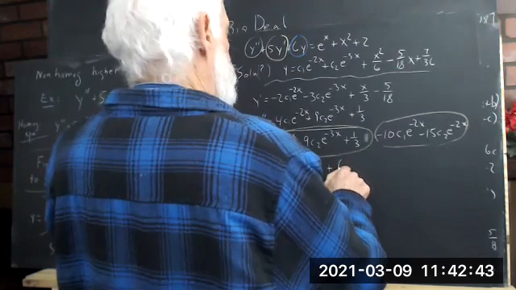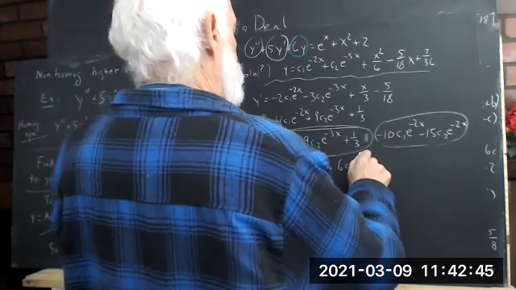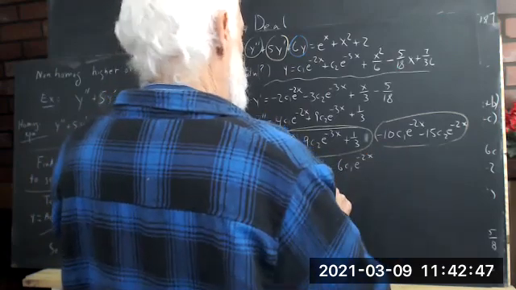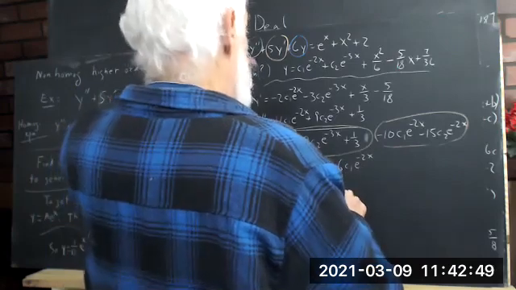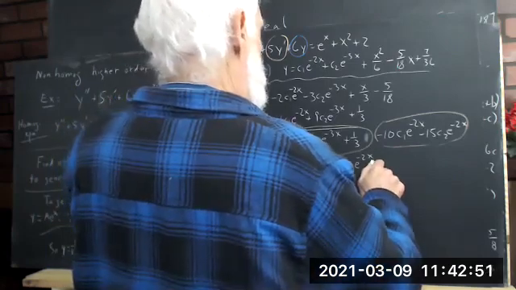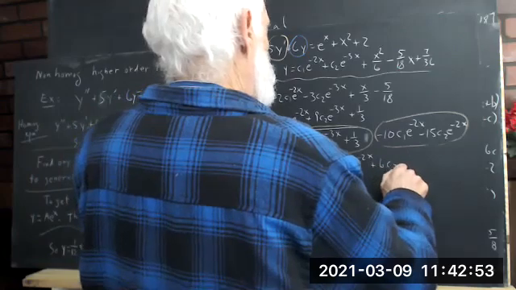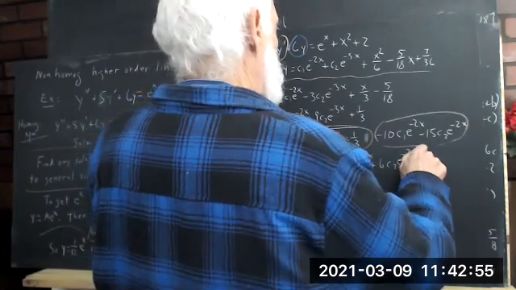So it's going to be 6c1e to the negative 2x plus 6c2e to the negative 3x.